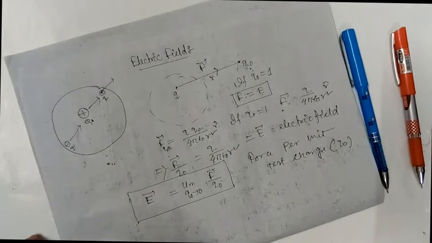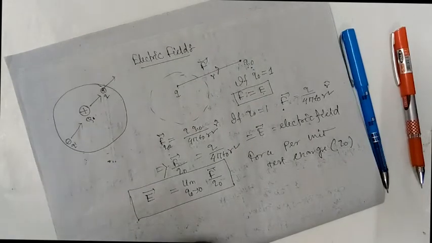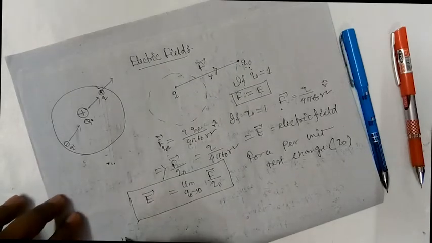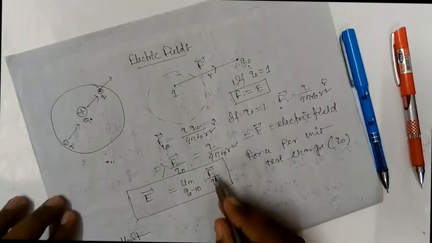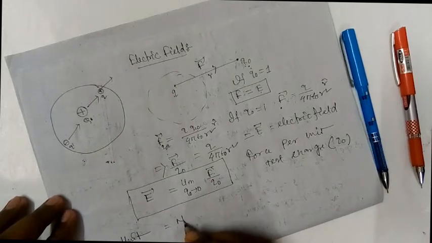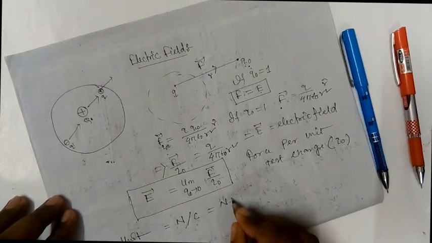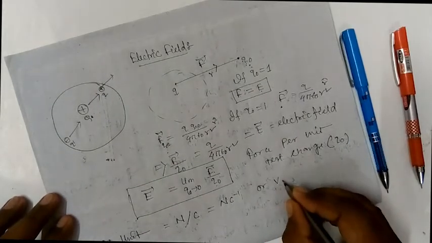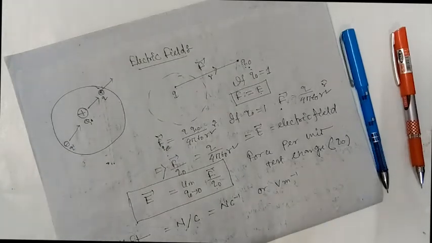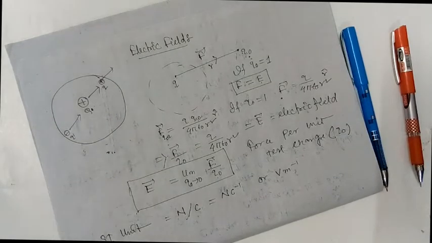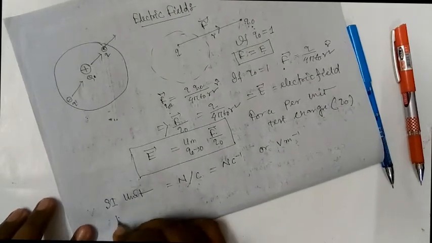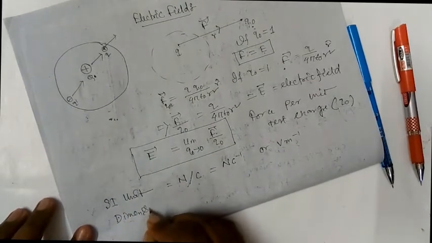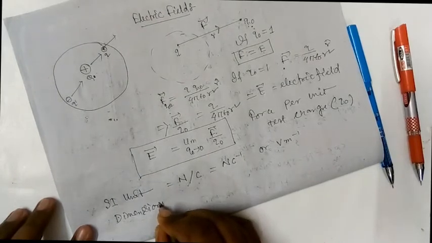If I want to find the SI unit from this equation, force per unit charge, so it should be Newton per Coulomb or Newton Coulomb inverse. Apart from this, another unit is volt meter inverse. How this unit comes will be discussed in the electric potential chapter. If I want to find the dimension, I think you remember the dimensions you read in class 11.